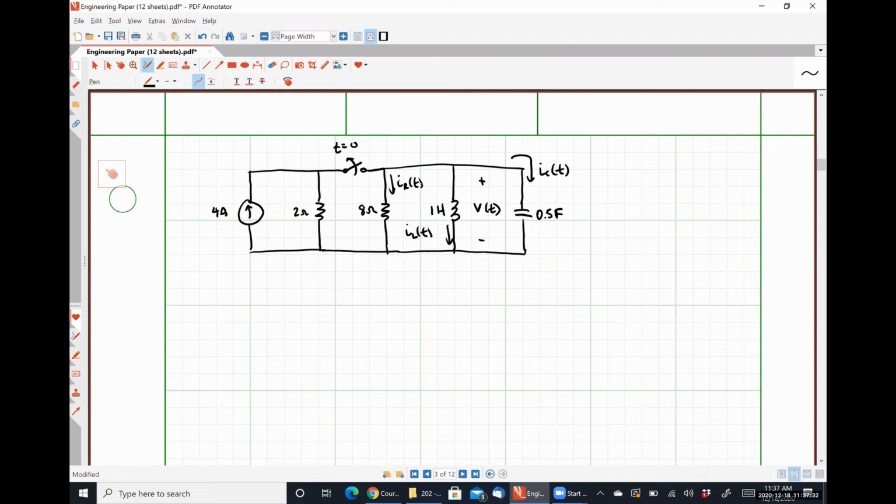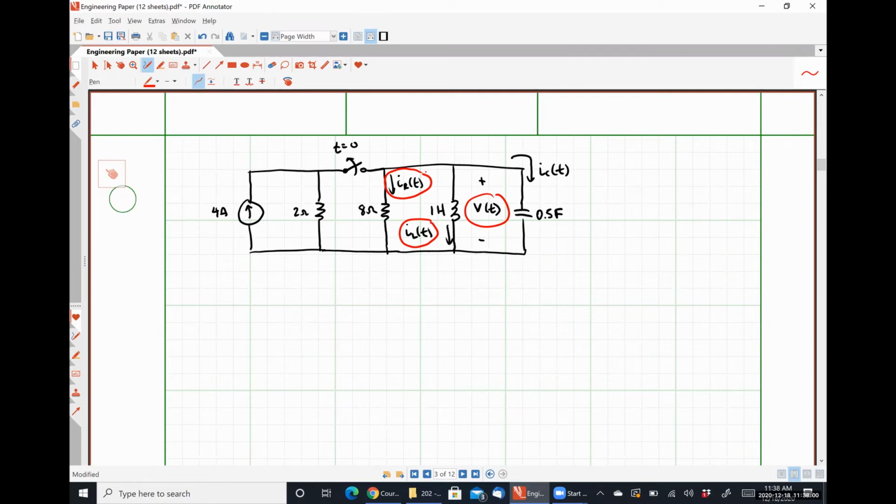So let's take this circuit and let's explicitly try to find our capacitor voltage and our inductor current and our resistor current. This will probably take us the rest of the class period.